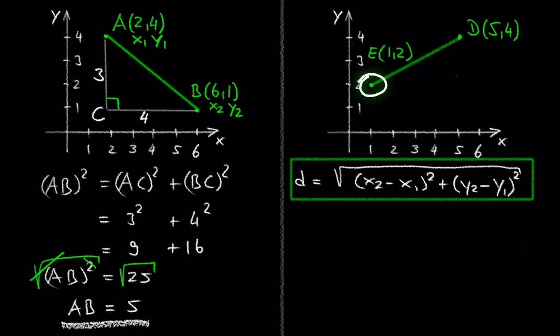This point has the coordinates x1 and y1, and this point has the coordinates x2 and y2. Let's plug in 5 for x2, 1 for x1, 4 for y2, and 2 for y1.